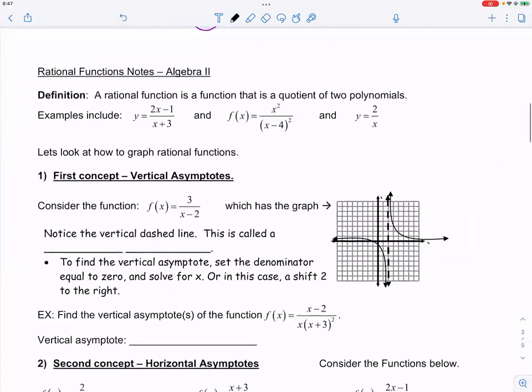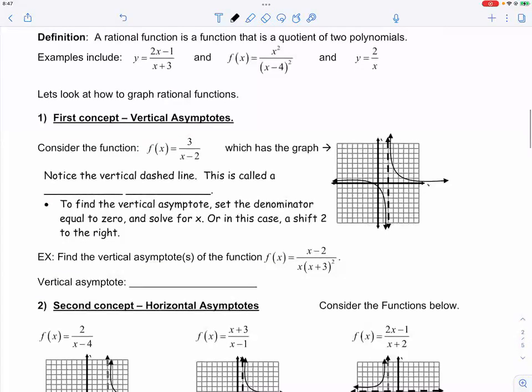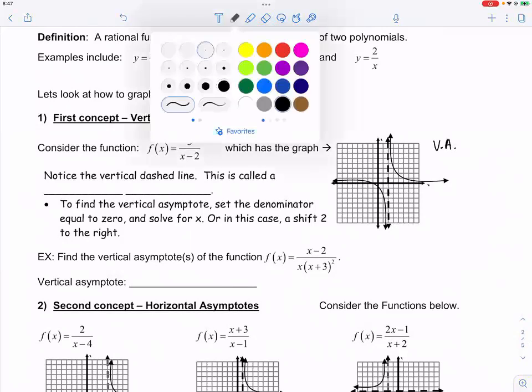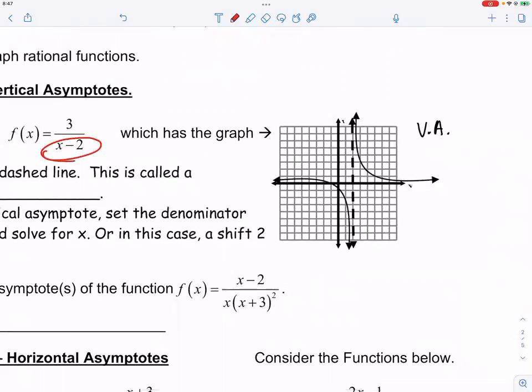We call this a vertical line, the vertical asymptote, and for this particular one, use a red color. What's the restriction here? 2. So the vertical asymptote will be x equals 2.